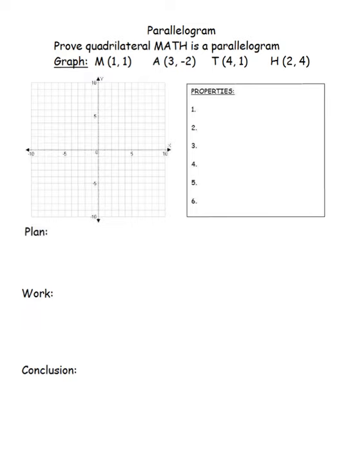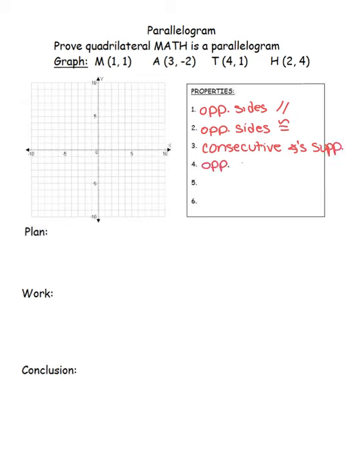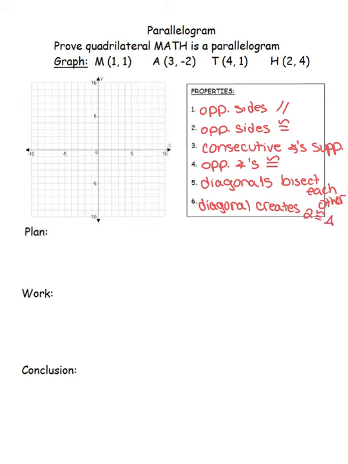So the properties that we just went over: opposite sides are parallel, opposite sides are congruent, consecutive angles are supplementary, opposite angles are congruent, the diagonals bisect each other, and the diagonal creates 2 congruent triangles.